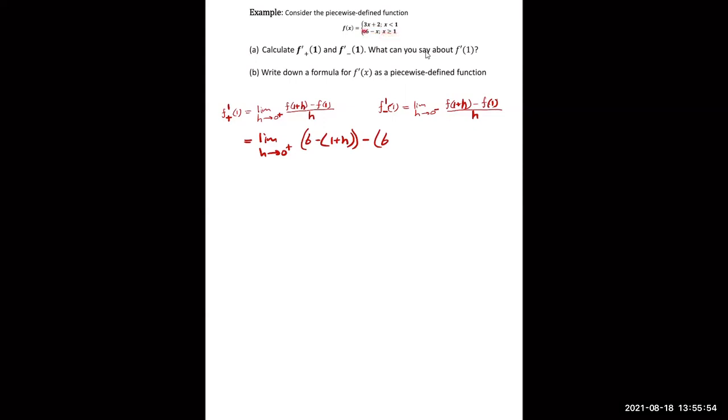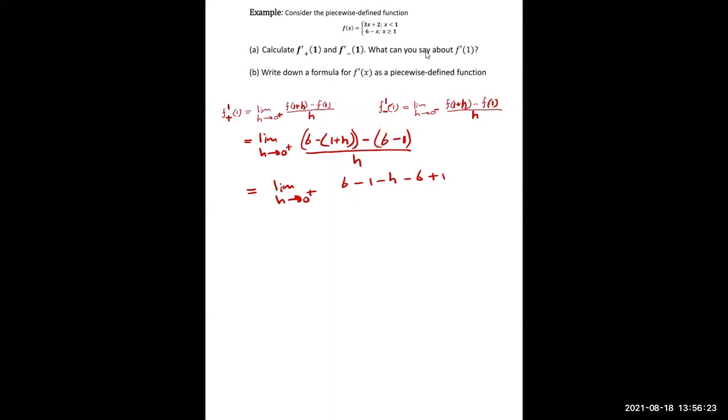So I'm going to plug in 1 here to find f of 1: 6 minus 1, divided by h. Now it's all about simplifying your numerator. Limit as h approaches 0 from the positive side. If you simplify your top, you get 6 minus 1 minus h minus 6 plus 1. Of course, I distributed this negative sign here.